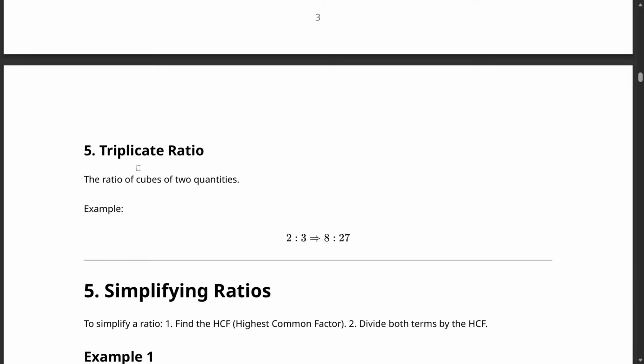Triplicate ratio is the ratio of cubes of two quantities. The cube of 2 is 8 and the cube of 3 is 27, so here it is called triplicate ratio.